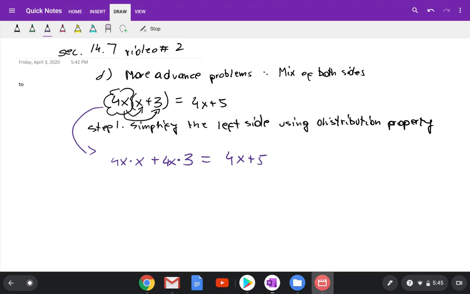So let's simplify the left side. That will give you 4x squared plus 12x equals 4x plus 5. Okay.